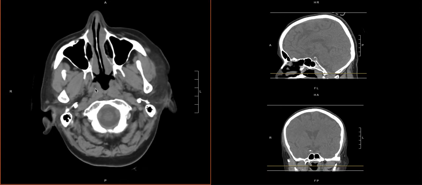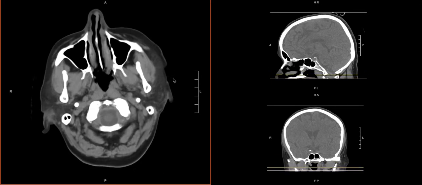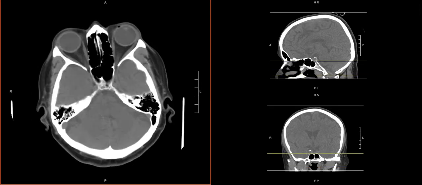Malignancy can hide out back here in the pharynx, and depending on how low you're going, the hypopharynx. So you just want to make sure you look at the soft tissues here, and that's not a blind spot. You can also see the prevertebral fat, depending on how low you go.